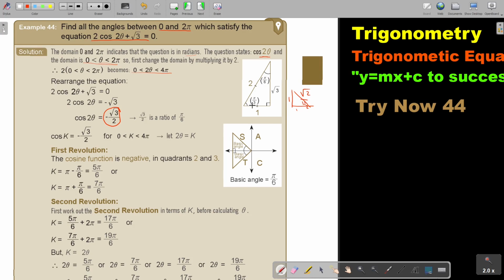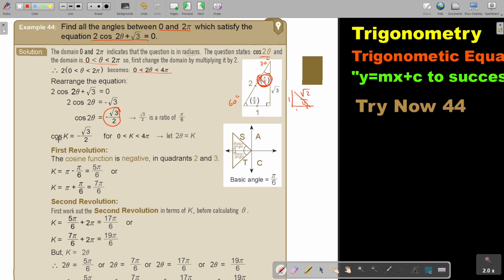Remember, this was the 60, but that's pi over 3. And the 30 will be pi over 6. If I see this over 2, and because it's cos, so it's square root 3 over 2, then this will be my angle. I can basically do this without a calculator. So the angle is pi over 6.